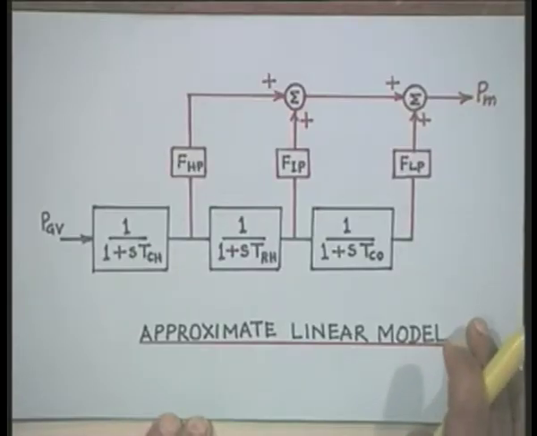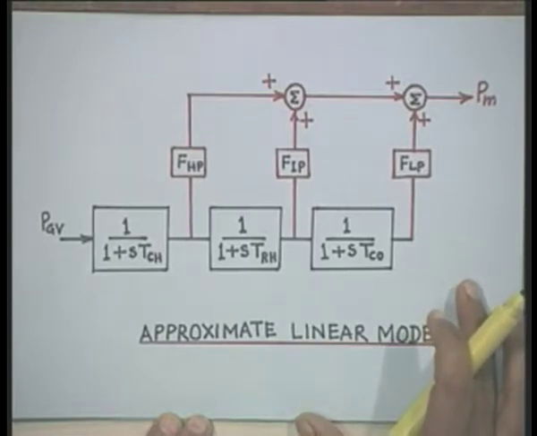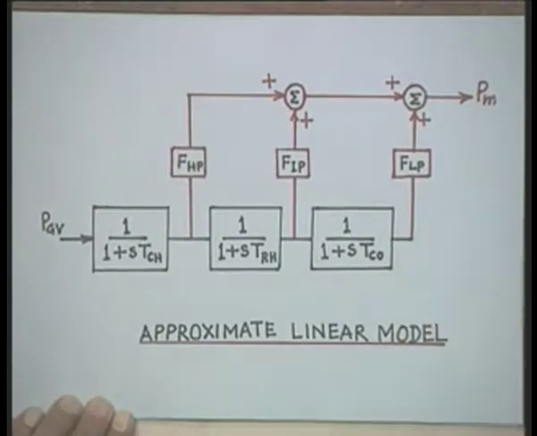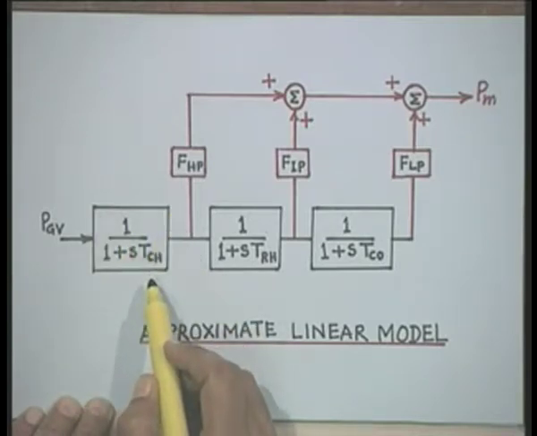This is the simplest transfer function model of a single reheat tandem compound steam turbine. We have just seen the configuration of that turbine. The first block diagram represents the steam chest and control valve.